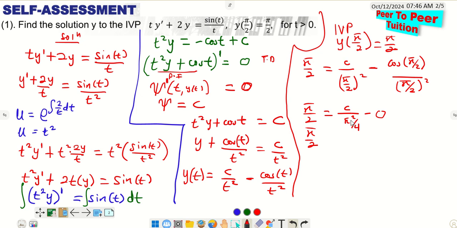So finally, I have pi on 2 equal to 4c on pi squared.